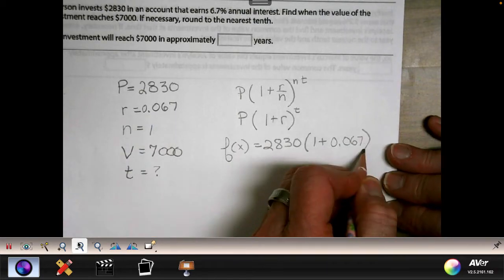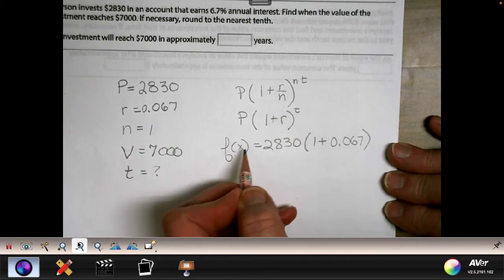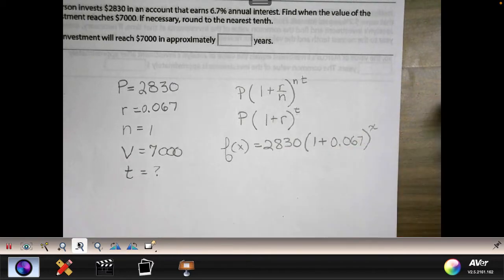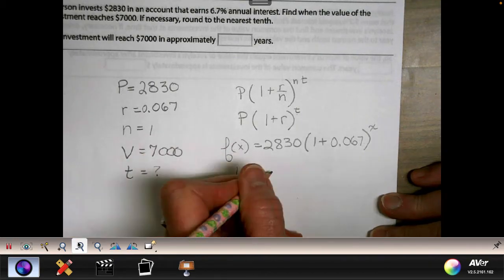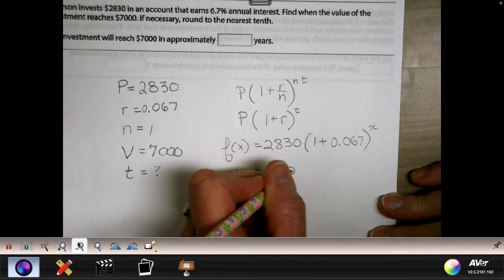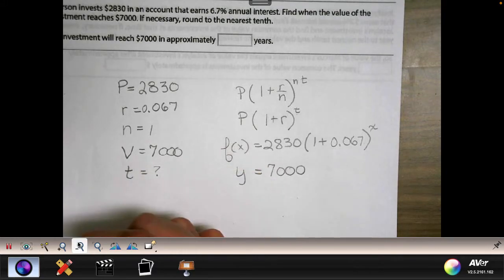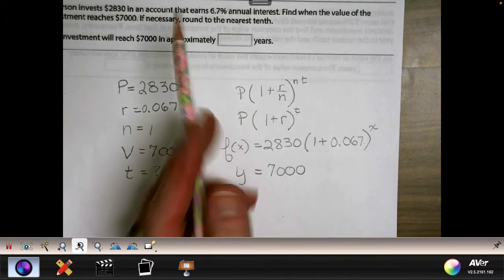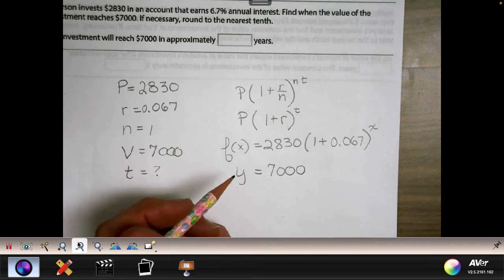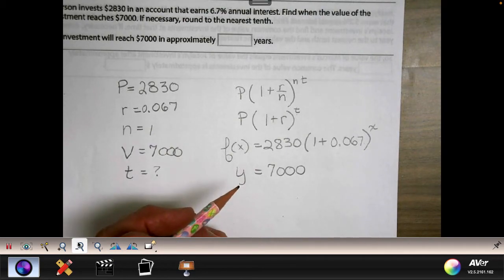And remember, we don't make that a t, we make it an x in our Desmos. Then you have to put in y equals 7,000. And where those two intersect, you win. It says round to the nearest tenth, so I'm going to go for a decimal of 1 decimal place.